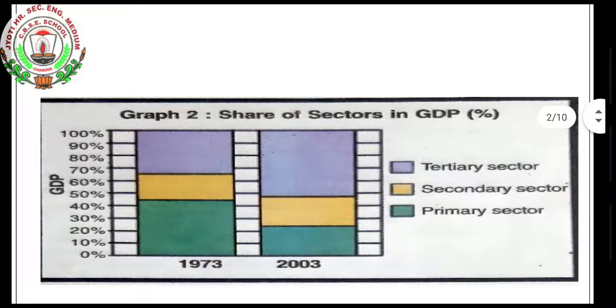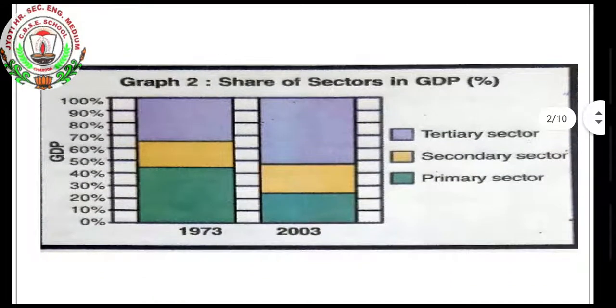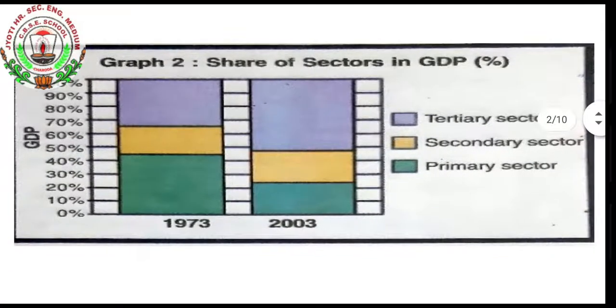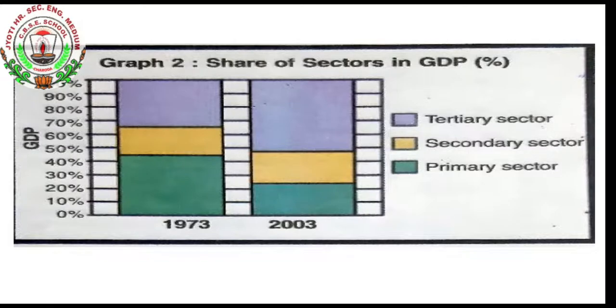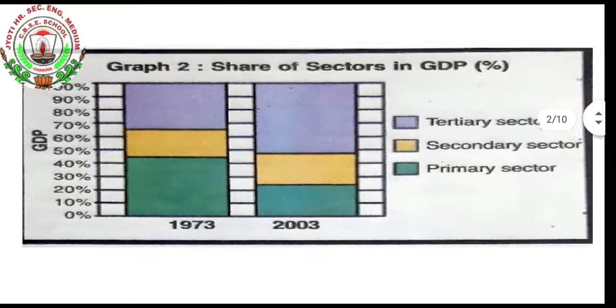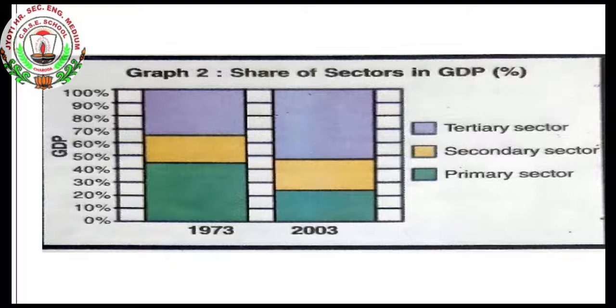Children, we have seen in the last video that we compared all three sectors. In this graph you can just see the share of sectors in GDP, the percentage. You can see here in 1973, the green color at the bottom is the primary sector, yellow is the secondary sector, and then the tertiary sector.